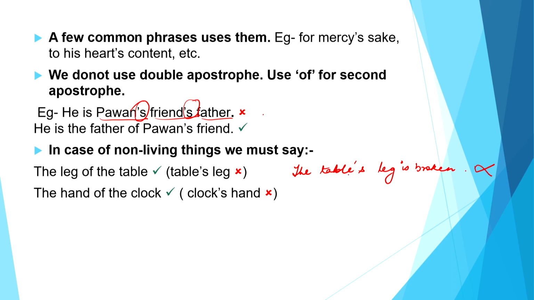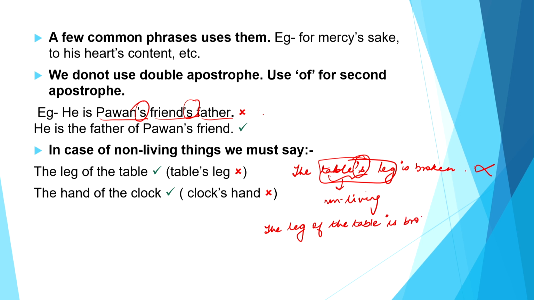No. Table's leg: a table is a non-living thing. Hence, we will never add an apostrophe plus s to it. The correct statement will be, "The leg of the table is broken."